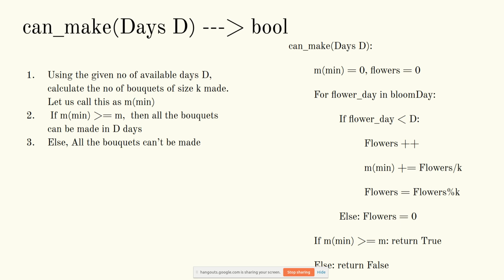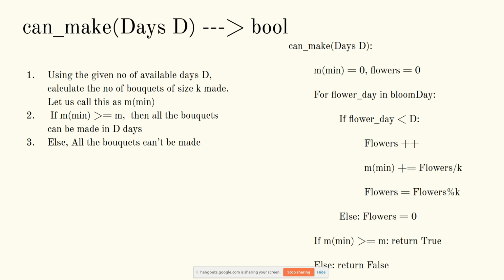So let's say we are able to make mMin bouquets of size K. If mMin is more than the parameter M, the required number of bouquets, we have already met our objective, and we can say that all the bouquets can be made in D days. Else, at least one bouquet is short, so we say all the required M bouquets cannot be delivered.